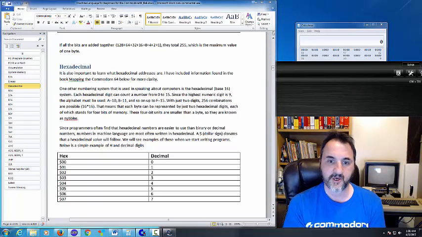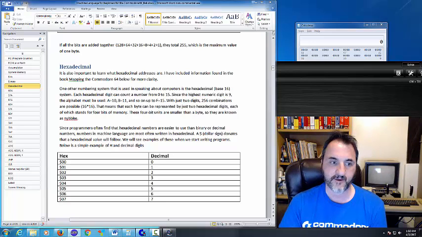With just two digits, 256 combinations are possible, 16 times 16. That means that each byte can be represented by just two hexadecimal digits, each of which stands for 4 bits of memory. These 4-bit units are smaller than a byte, so they are known as nibbles.